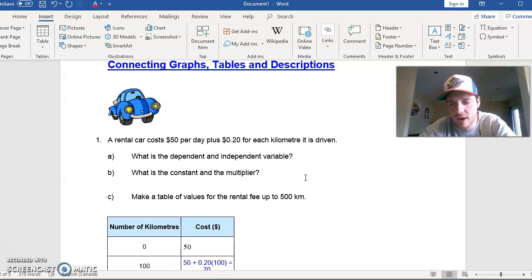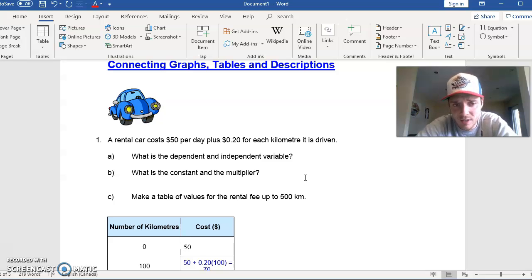Or does how far you drive depend on how much you're going to spend? The first one, right? How far you drive is independent of how much it's going to cost. How much it's going to cost depends on how far you're going to drive. So your dependent variable would be cost, and your independent would be x, or distance driven, sorry.